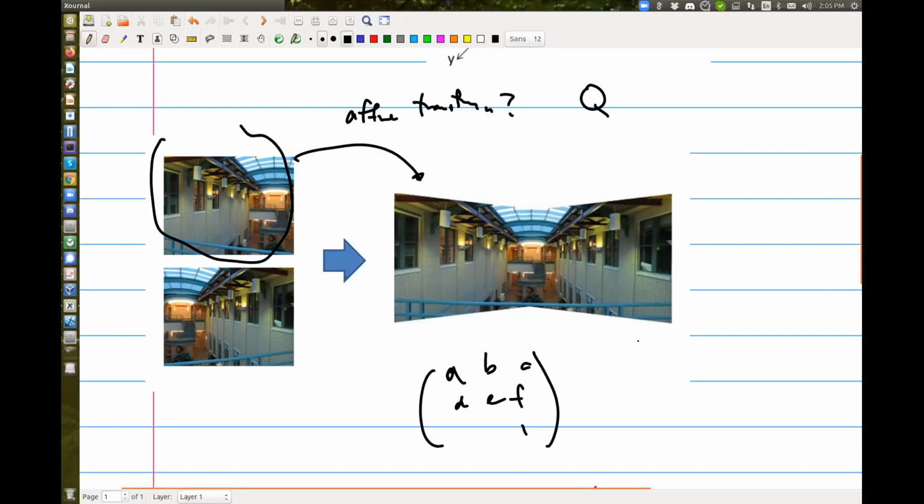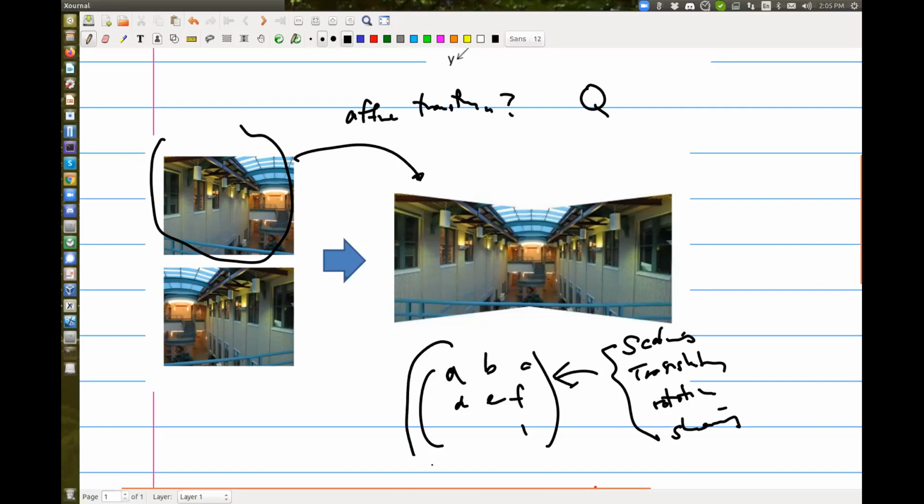That includes scaling, translation, rotation, shearing, and so on. Because all of these have this form, in general this form is known as an affine transform.